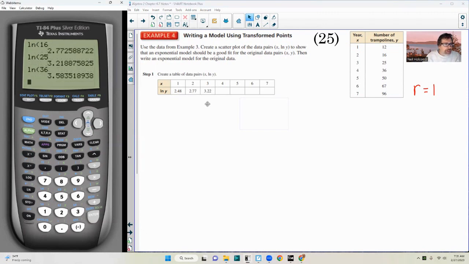And that is 3.58. Okay. And then the natural log of 50. Okay. So that's 3.91. Natural log of 67. And that is 4.20. And the natural log of 96.